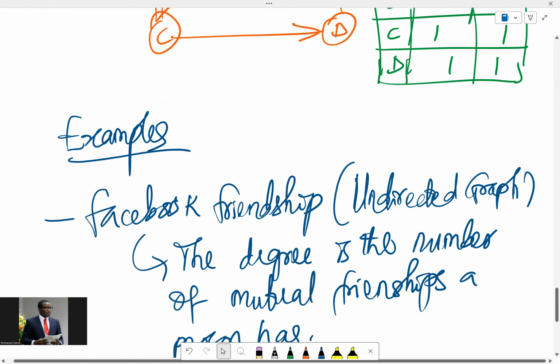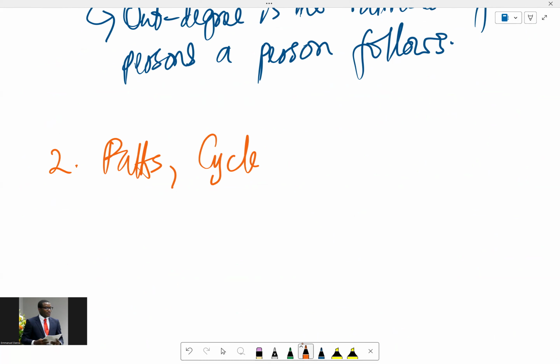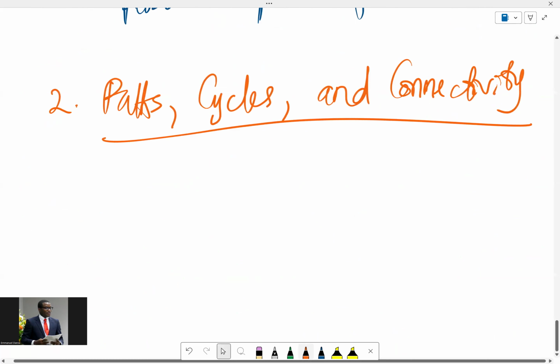All right, so let's go on to talk about something else, which is about paths, cycles, and connectivity. Okay, so here, quickly we talk about paths.